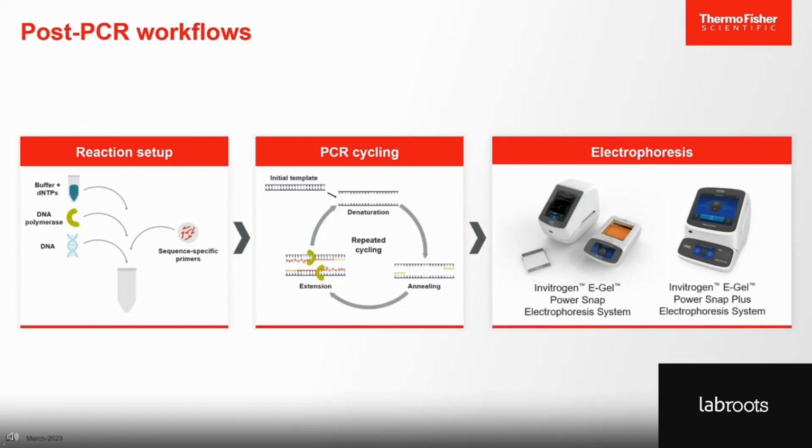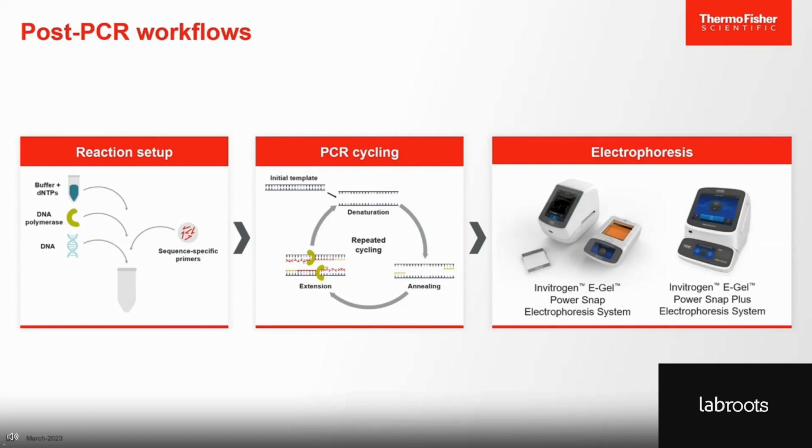nucleic acids. The eGel precast gels are self-contained and ready to use with agarose, electrodes, and the DNA stain packaged inside a disposable cassette. There are no gels to pour, buffers to make, staining or destaining steps to perform, or gel boxes to assemble. It's very simple. You just load your samples and run in one of the power snaps that you see in the pictures on the right.